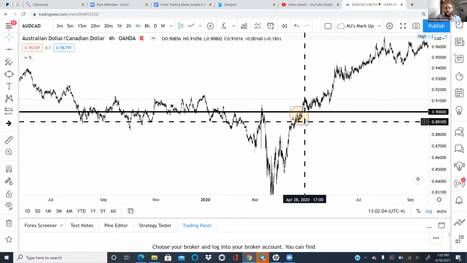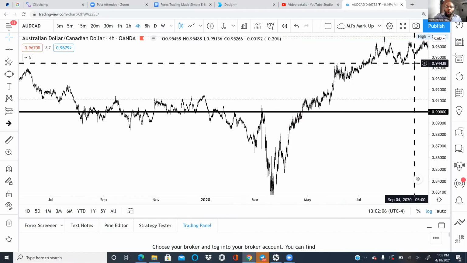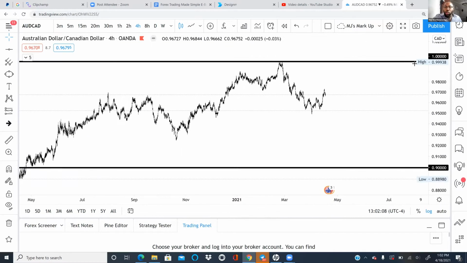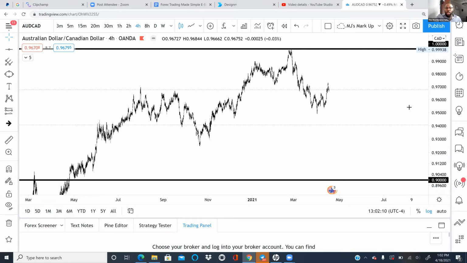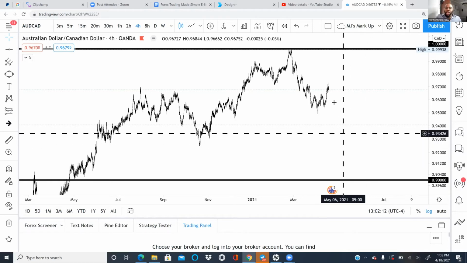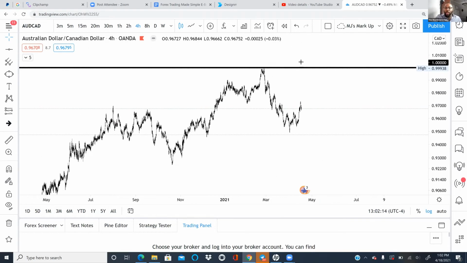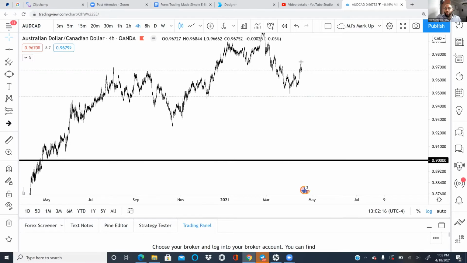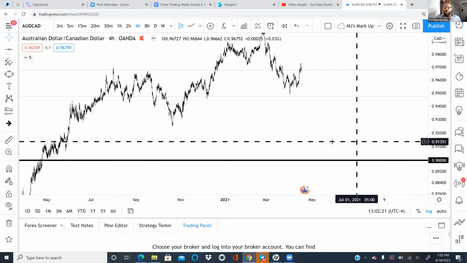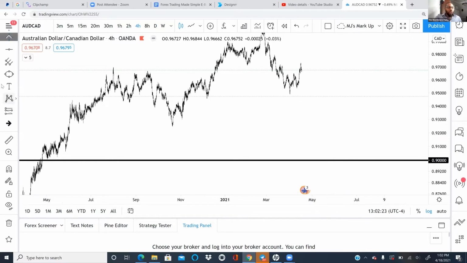Now we need to establish our quarter levels, which are four 250 pip increments between these two price points, 0.9 and 1.00 flat. So we know it's a 250 pip range. We add 250 pips to 0.9, which gives us 0.9250.